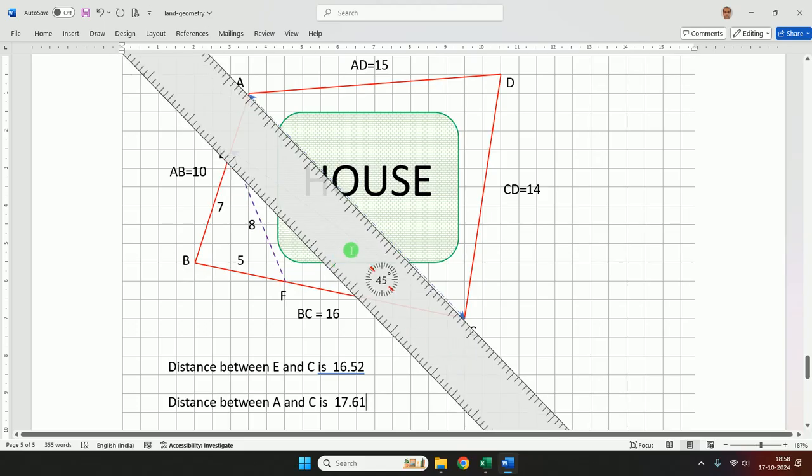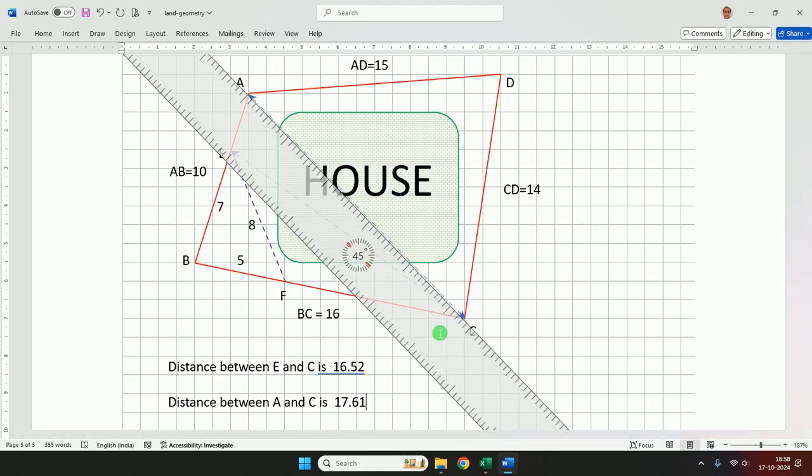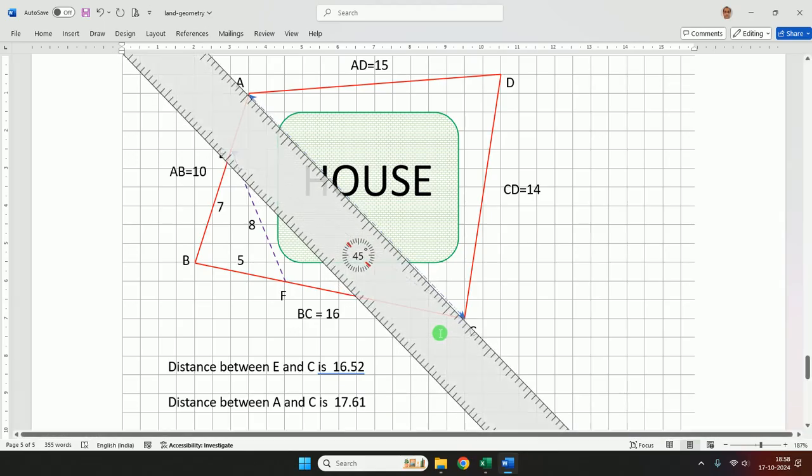So if I put it here, then how much? 10, 20, 30, 40, 50, and then 1 mark, 2 mark, 3 mark.